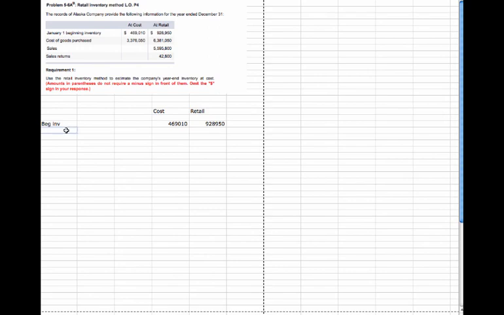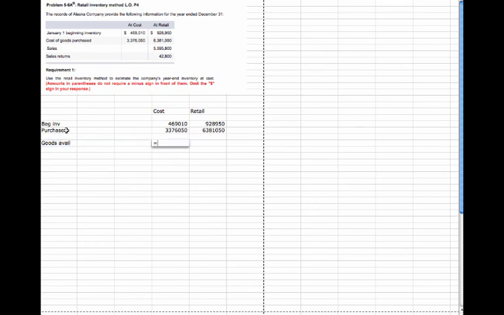Now we're going to put in our purchases. And according to this, it's $3,376,050 at cost. And at retail, it's $6,381,050. Now, if we remember our periodic inventory formula, if we take our beginning inventory plus our purchases, it gives us our goods available for sale.